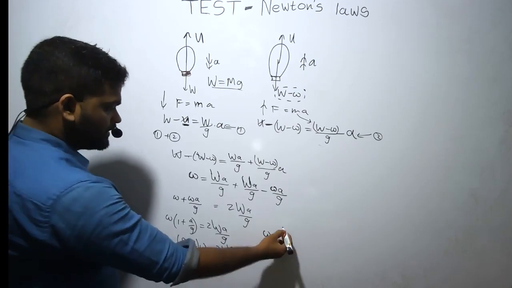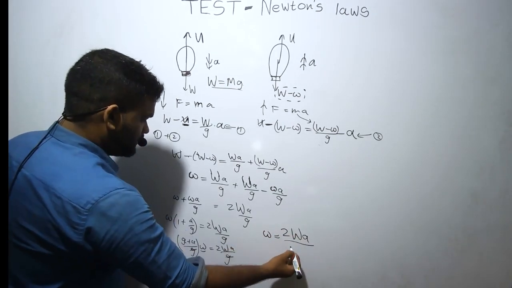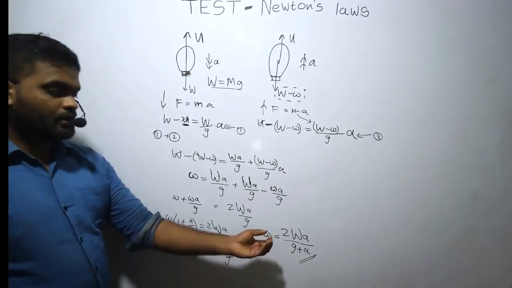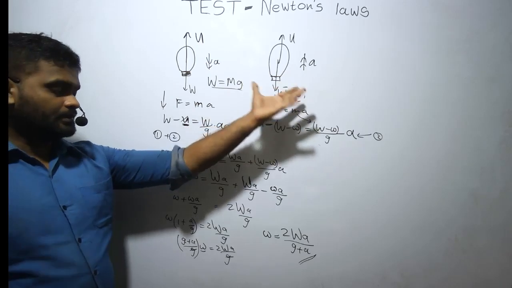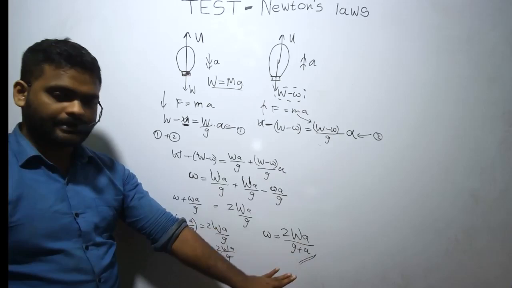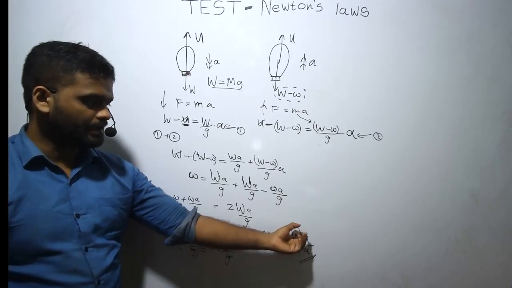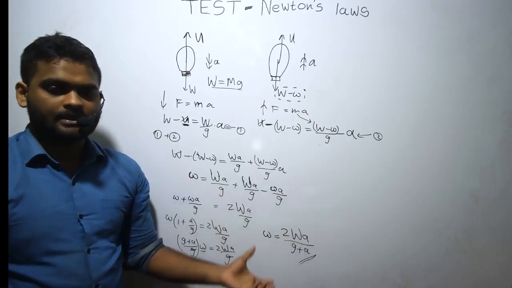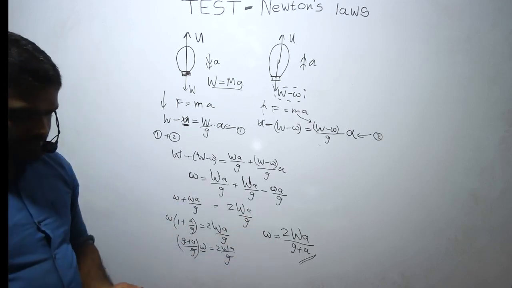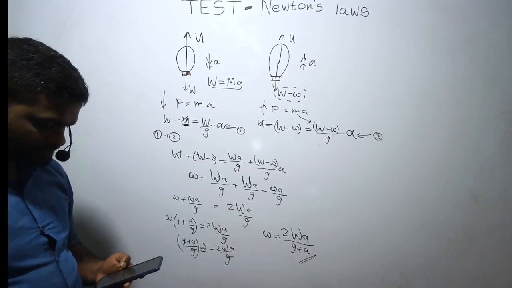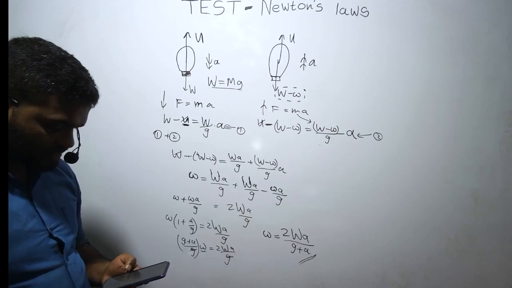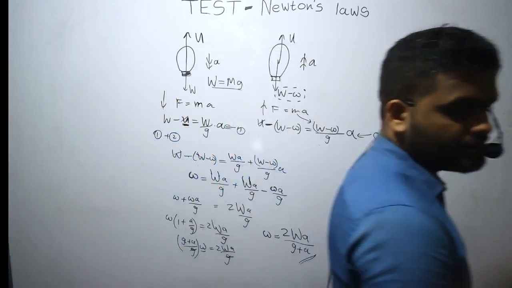Simple W equals 2 capital W A divided by G plus A. So in order for this to happen, the weight you need to remove from the balloon is this much, 2WA divided by G plus A. So the answer should be the third one, right? The answer is the third one.